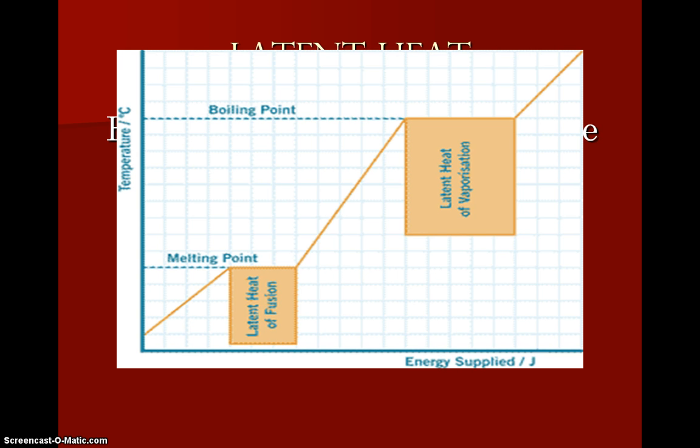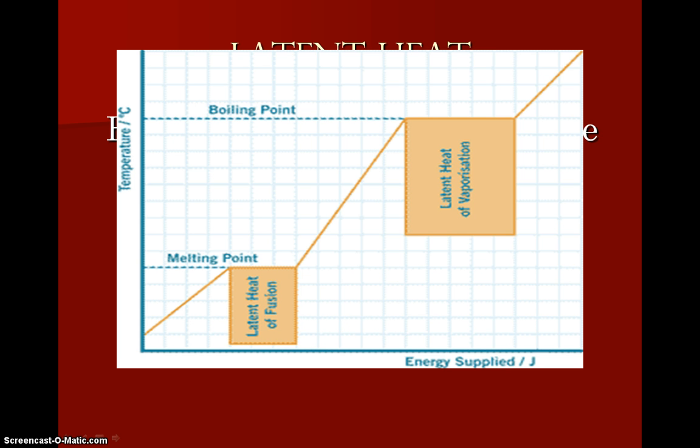So this right here is an example of a heating or a cooling curve, and it should look familiar to you. So on one axis we have temperature, and on the other axis we have energy supplied. So if we look at the graph like you traditionally do from left to right, this is a heating curve where we're adding energy over time and the substance is changing between states of matter.